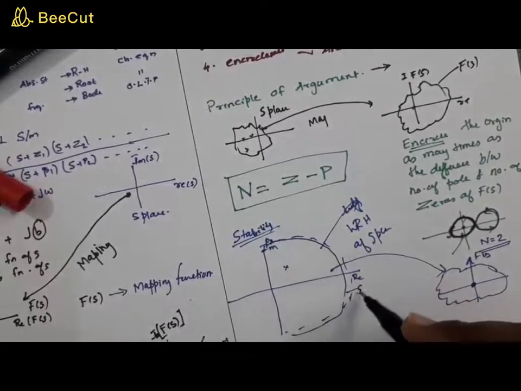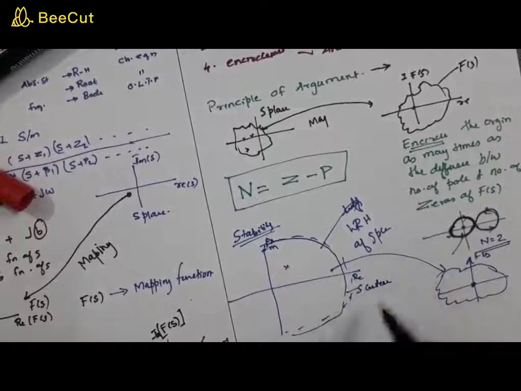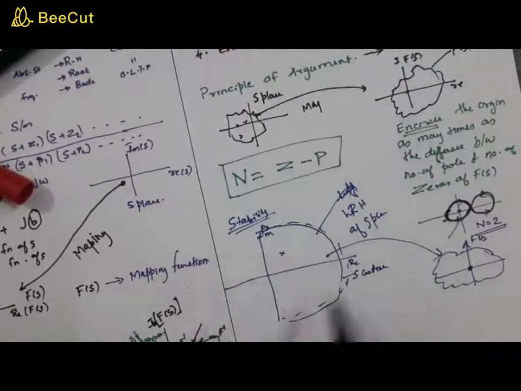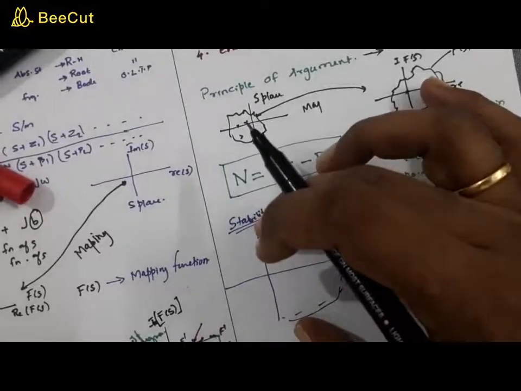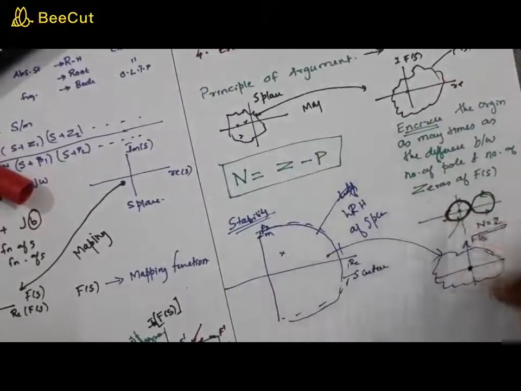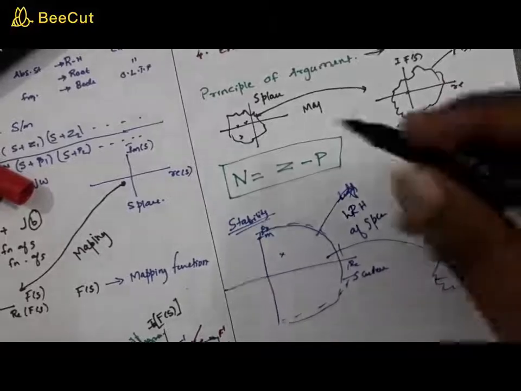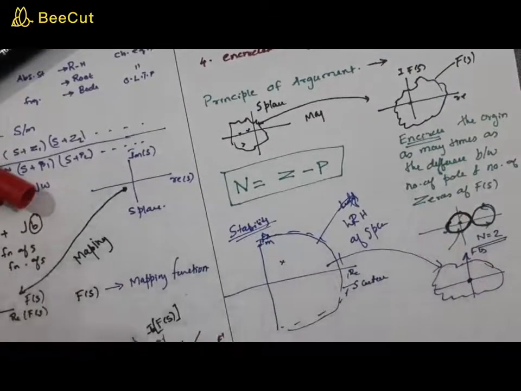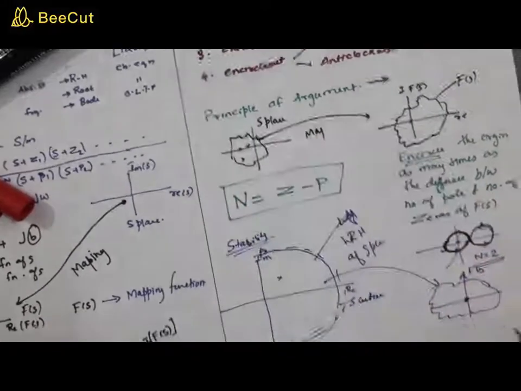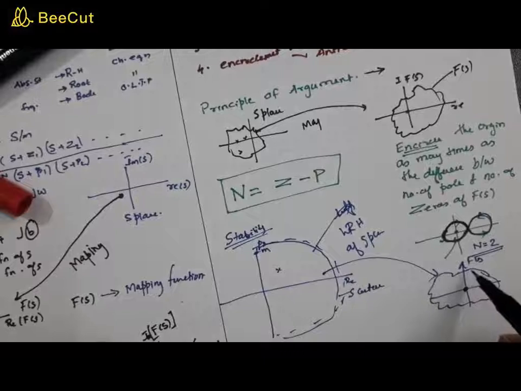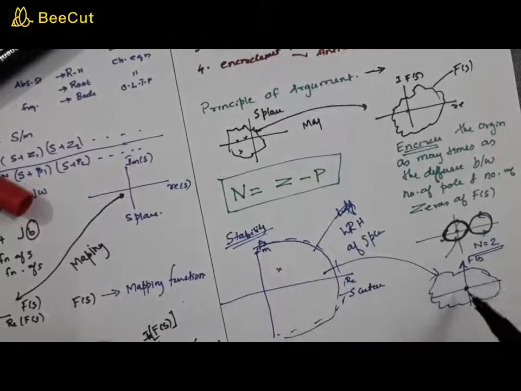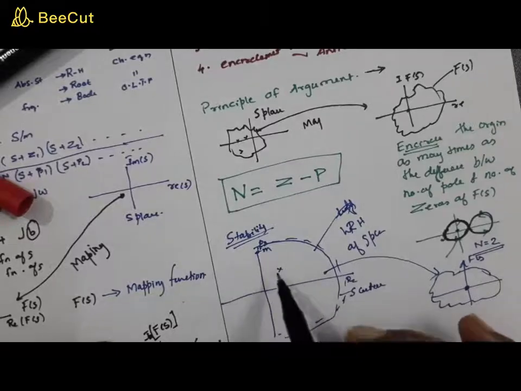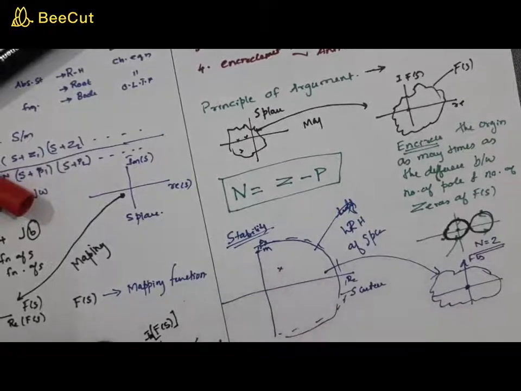Now what we want to check is whether there is any chance of this f of s going into the right half when we map this whole thing. That can be dictated by the principle of argument. So it will be encircling as many times as the difference of poles and zeros enclosed by this S contour.